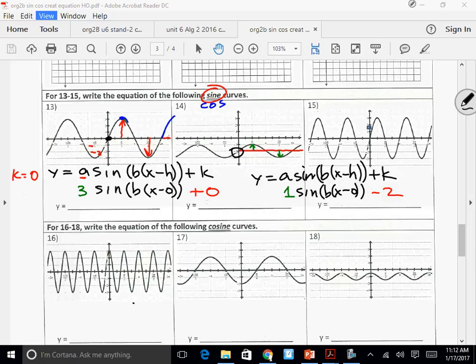Okay, that's B. Ignore everything that says count. And then what's K? It has nothing to do with K. It's one way of thinking of it, but I would say don't mess with that. Just put the minus 0 because this is minus H.